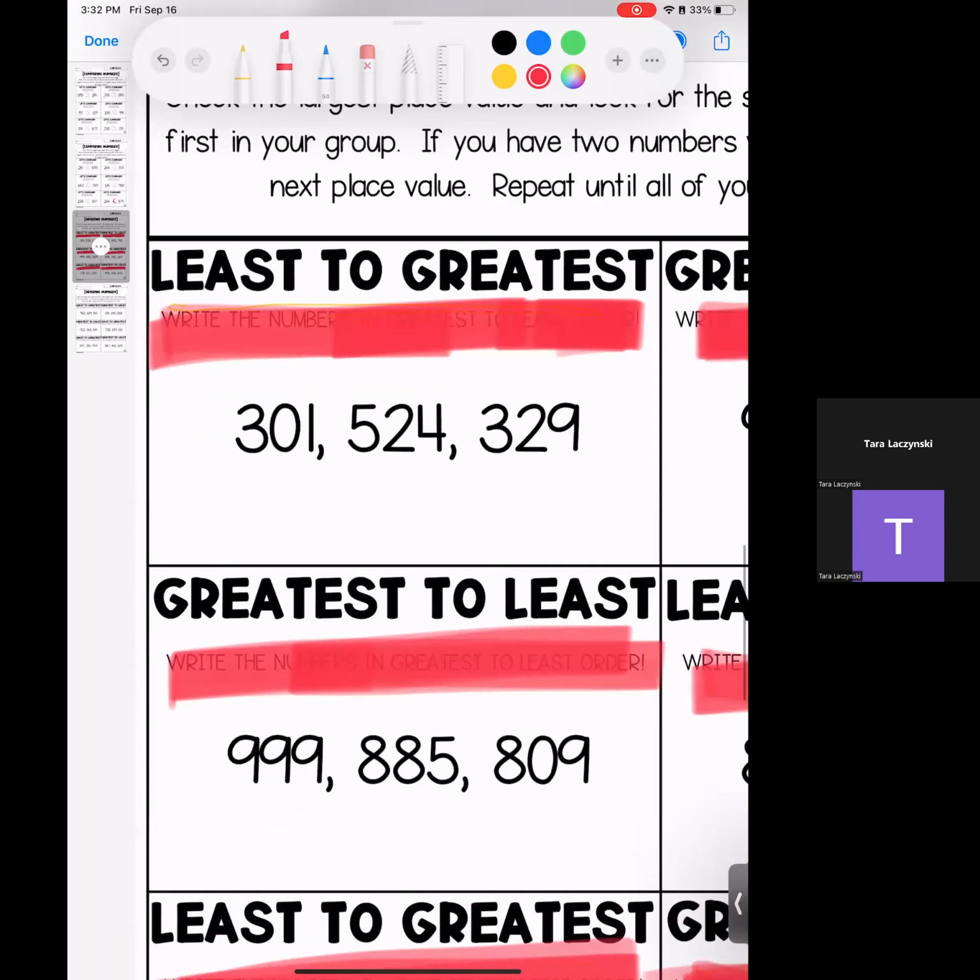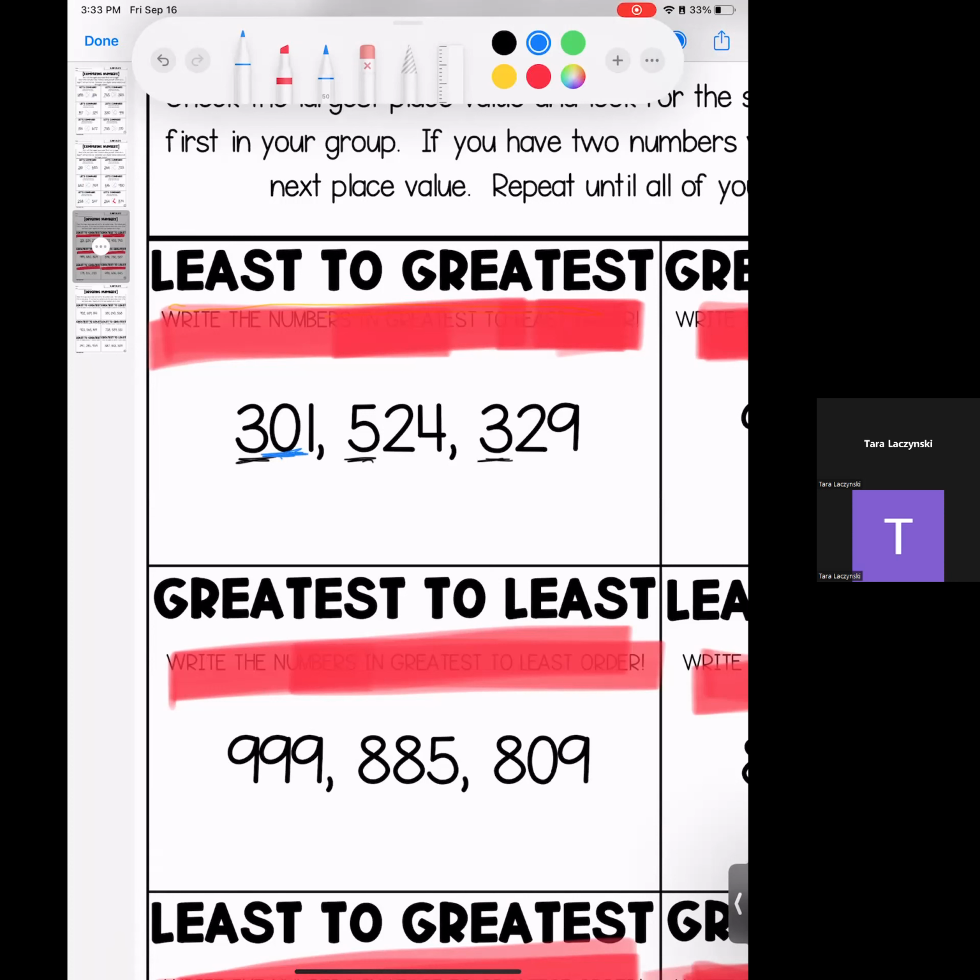We're being asked to order from least, so the smallest, to greatest, the biggest. We know that we need to first look at the hundredths place, because that's our greatest place value. We're comparing 300, 500, and 300. Out of these hundredths, 300 would be the least, but we have two 300s, which means we also need to consider the tens place.